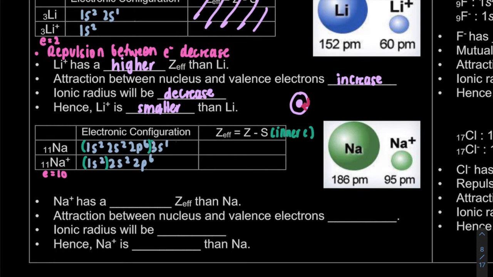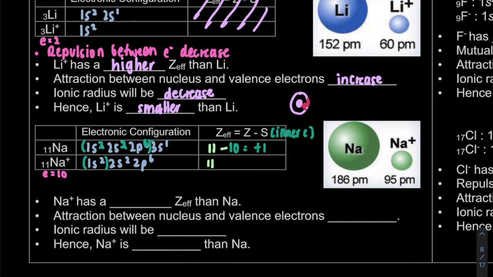ZEF is actually the number of proton. The number of proton for this case is 11. Okay, minus S. We calculate S here: 2 plus 2, 4, 4 plus 6, 10. So, minus 10, so we get positive 1.